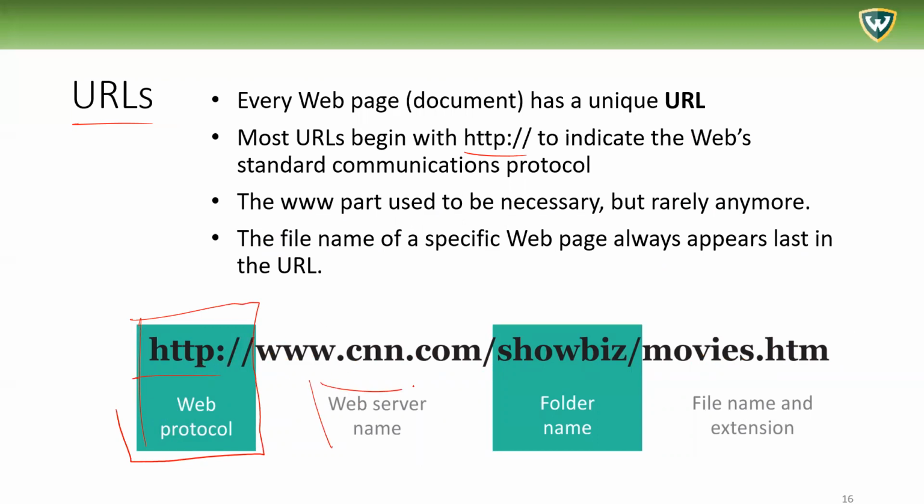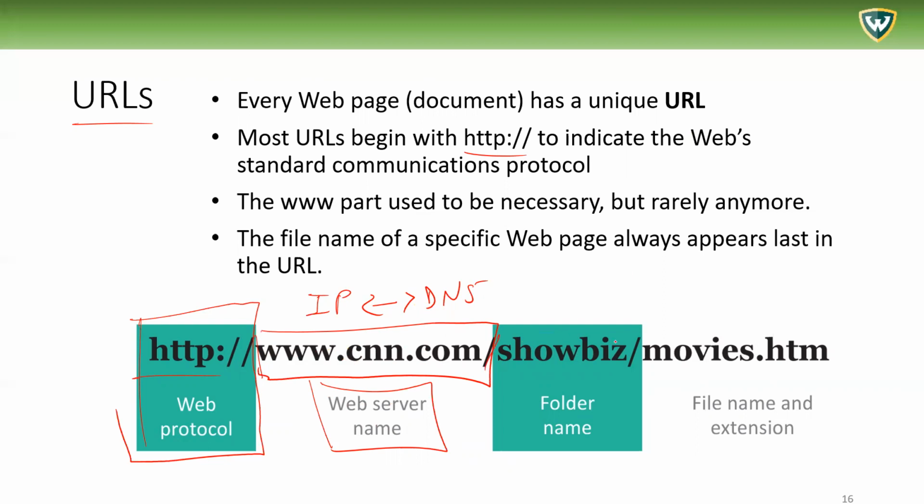This is the web server name, the name of the computer itself that is being connected to. And remember, the computer name gets translated to an IP address, but of course, CNN.com is much easier to remember than 141.28.739 and so on. So this is where the domain name system comes in.